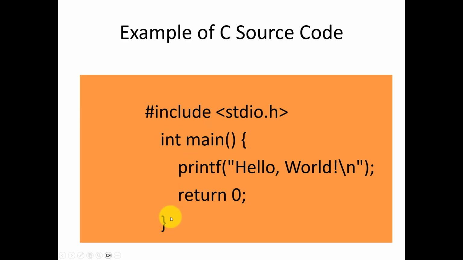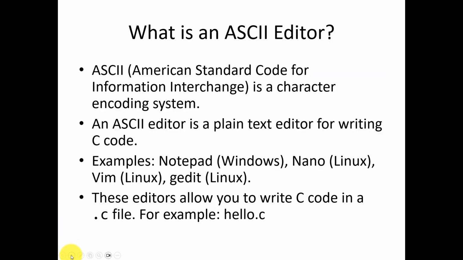As you can see, all these statements are written in readable human language. I'm not going to get into the syntax of this code because the syntax is the goal of another tutorial. Let's dive into this topic.